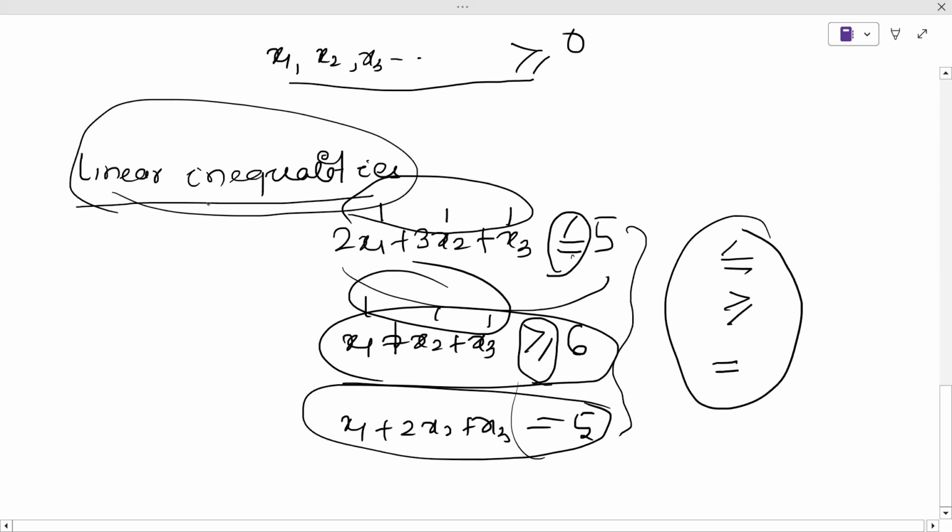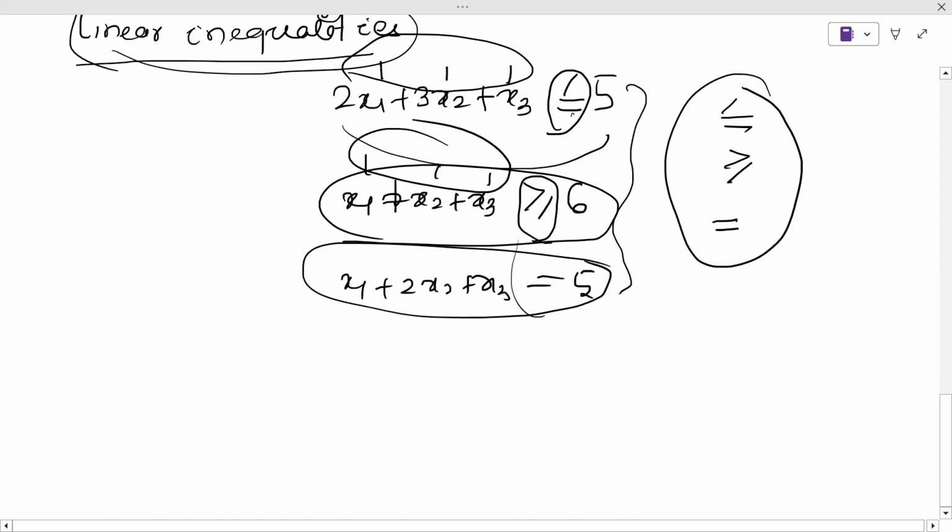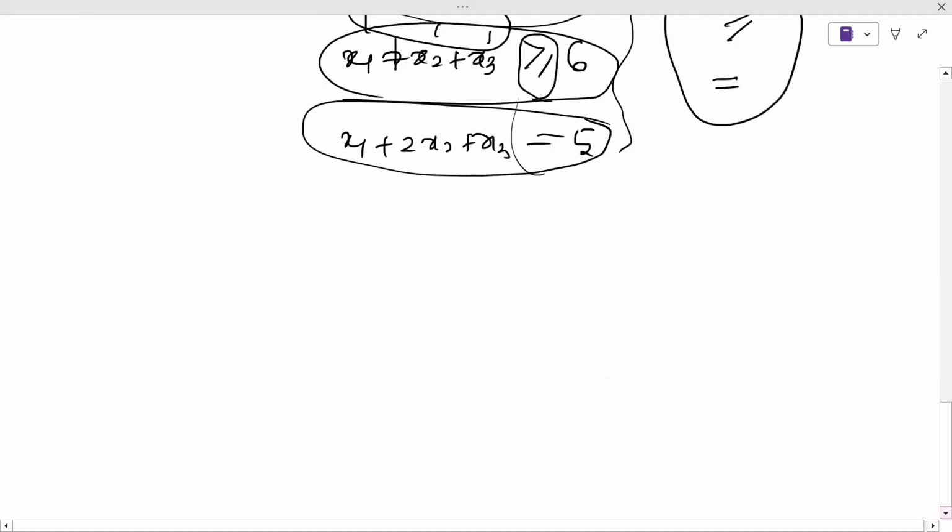Because all the variables have degree 1 and all the equations are in the form of less than or equal to, greater than or equal to, or equal to symbol, then we can say that is linear inequalities.